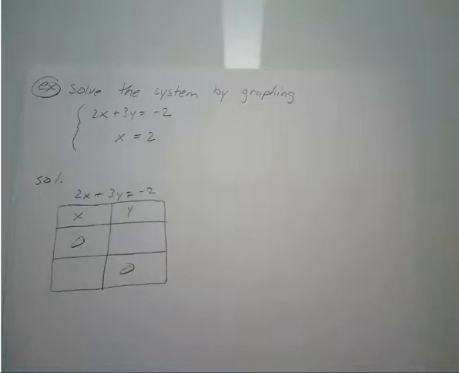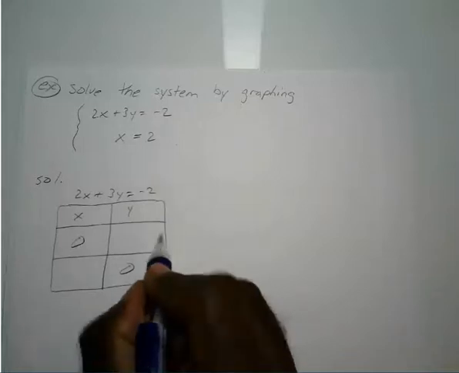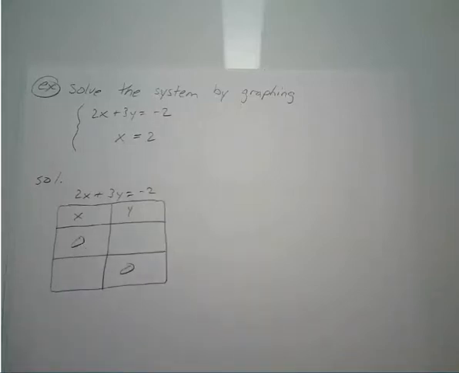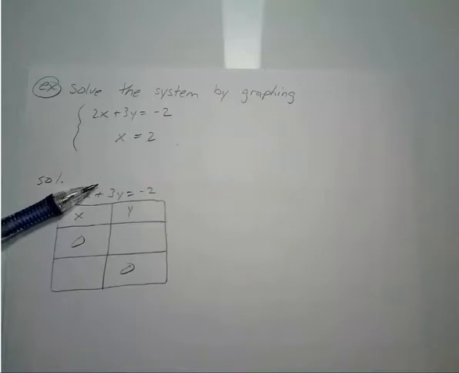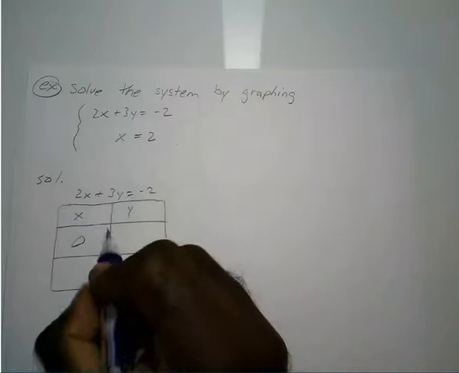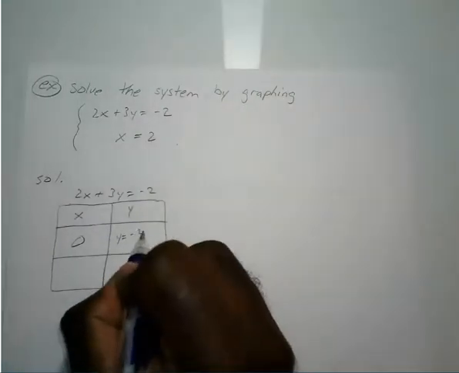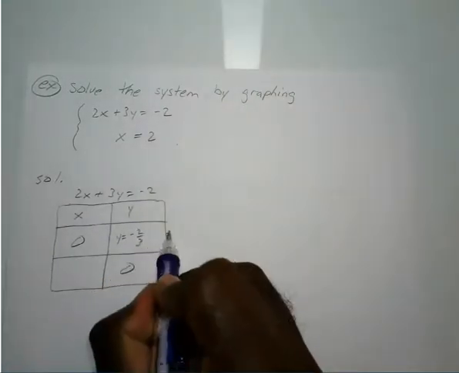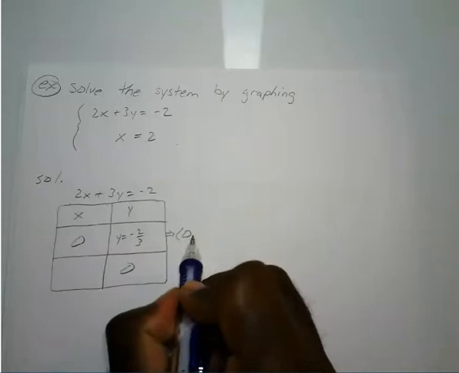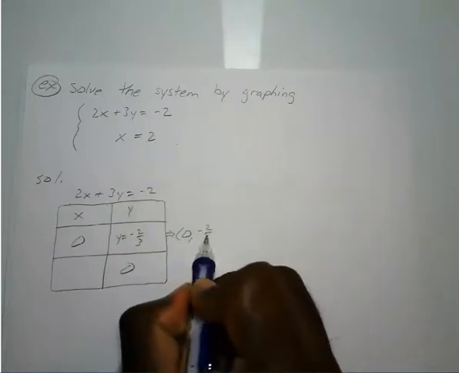Now we know that when x is equal to 0, 2 times 0 is 0, so that disappears. So you have 3y equals -2. We divide both sides by 3. We have y equals -2/3. Okay, so that gives us the ordered pair 0, -2/3.